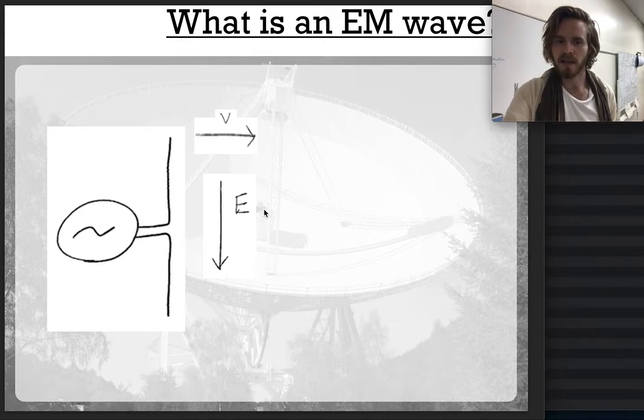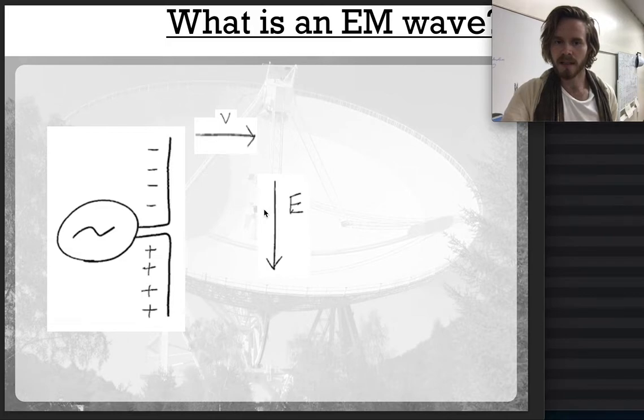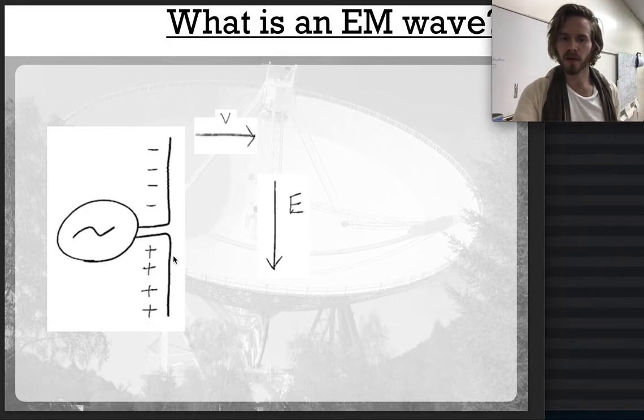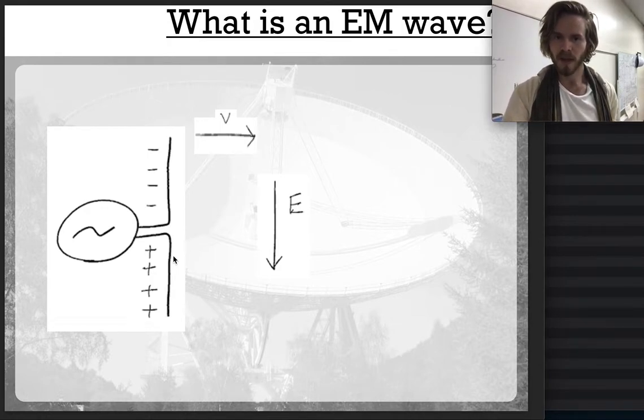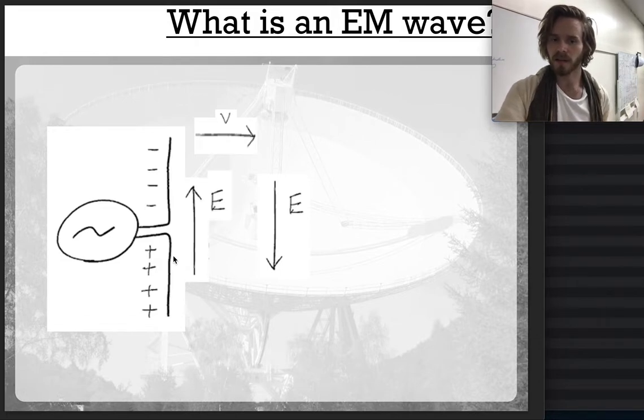Now let's say we then flip the voltage on our dipole, and we now have the charges arranged in the opposite direction as they were before. So now we've got the positive charges at the bottom and the negative charges at the top. So again, we're going to form an electric field, and now the electric field is going to be pointing upwards because it's going from the positive to the negative.